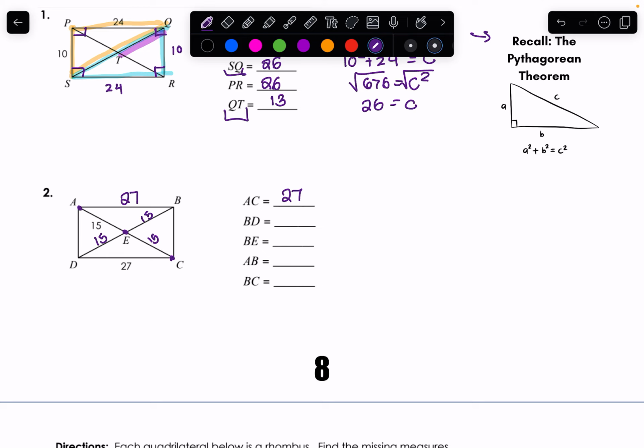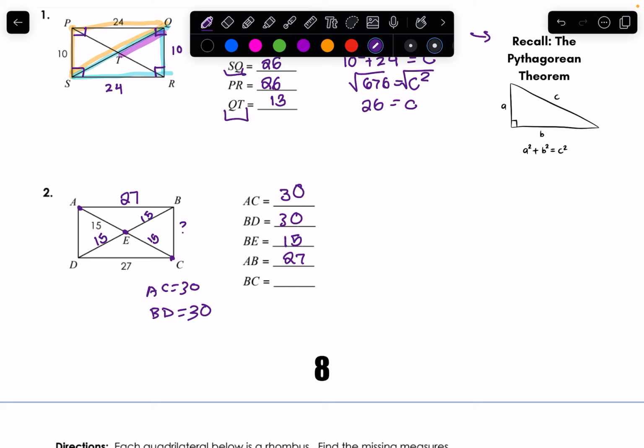So AC is 30, and BD is also 30 because the diagonals are congruent. BE is 15. Oh, I wrote it in the wrong spot. So AB is 27, AC is 30, and now I want to know what BC is.